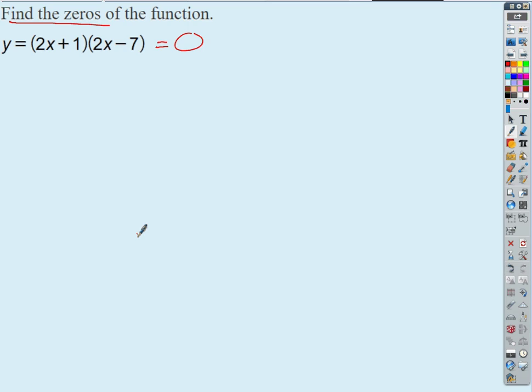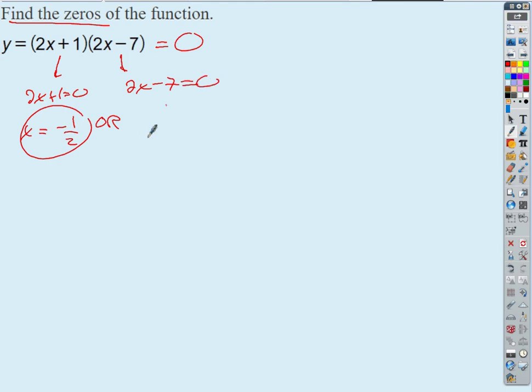Either this one is 0 or that one is 0, right? The only way it could work. So we just figure out what are the values of x that would make that happen. So we could set 2x plus 1 equal to 0, and what's the answer here? -1/2. Or we set 2x minus 7 equal to 0, and we get x equals what? Yeah, we add 7 and divide by 2 to solve for x, right? So those are my two solutions. Okay, those are the zeros.